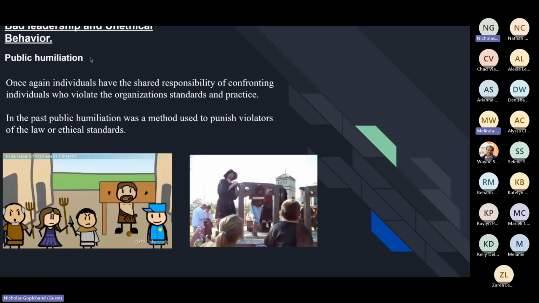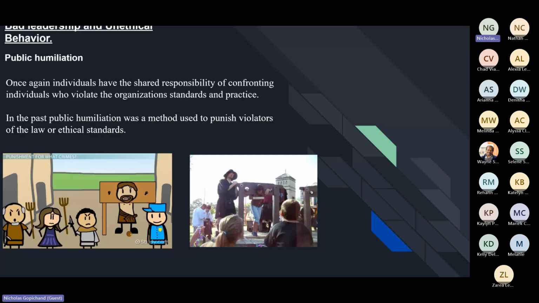Well, just a quick reminder that individuals have the shared responsibility of confronting individuals who violate organizational standards or practice, like Melinda did in the group that she was in. With that being said, in the past, around 1900 or so, public humiliation was a method used to punish violators of the law or those who were unethical.